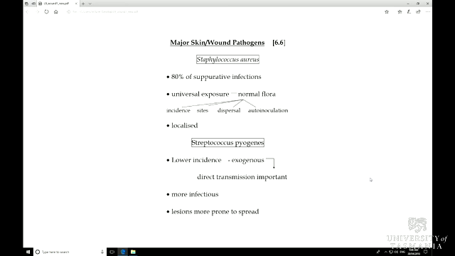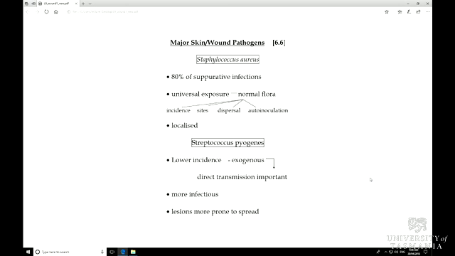And we use a cream called mupirocin. The trade name is Bactroban. The active part of that is called mupirocin. You give them this cream and you temporarily make them a non-carrier.